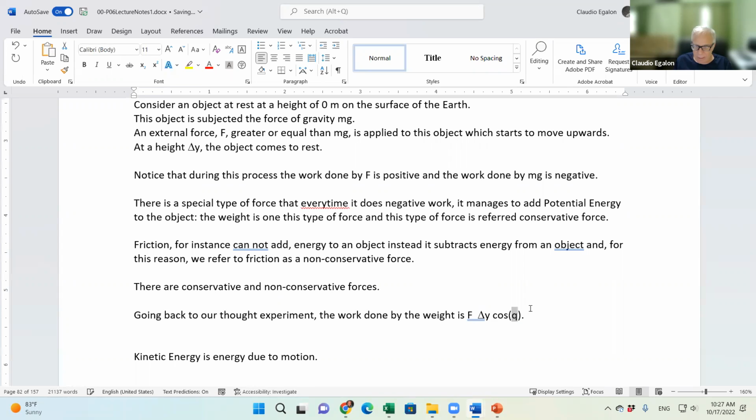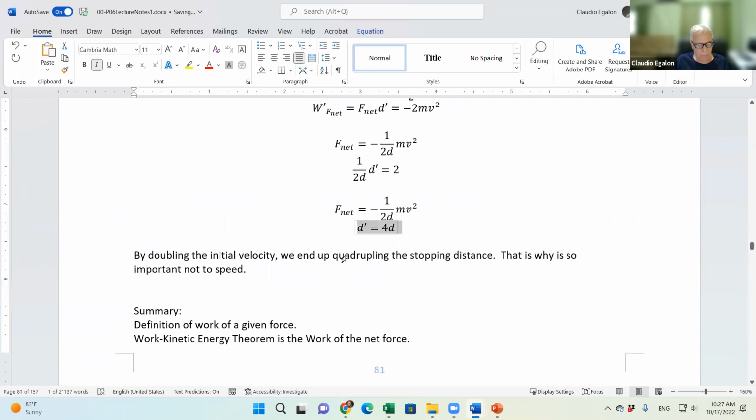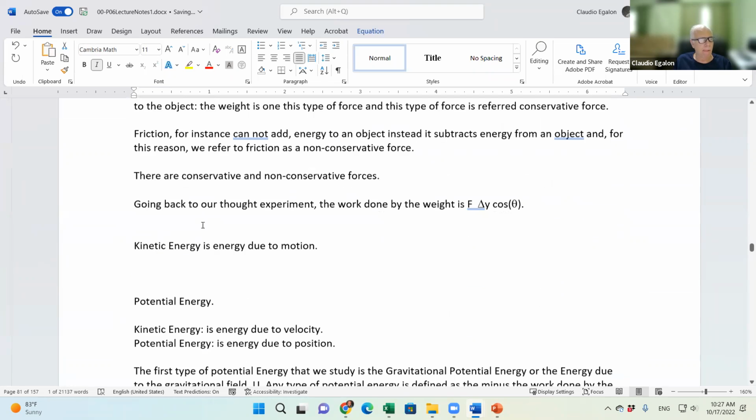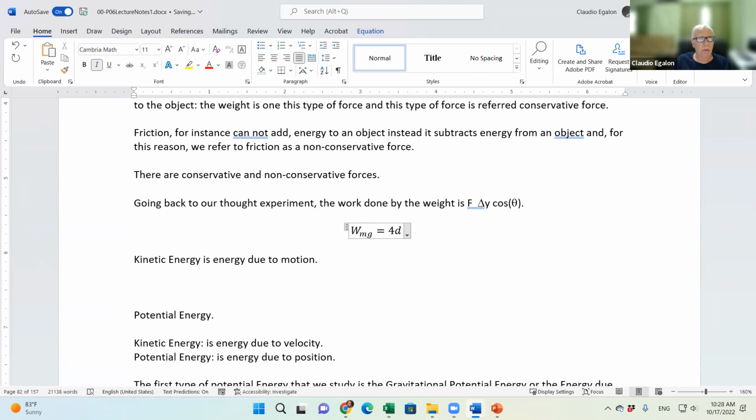So if you're going to write it down, the work done by mg during this process is going to be minus mg delta y. Notice here we have a negative sign.